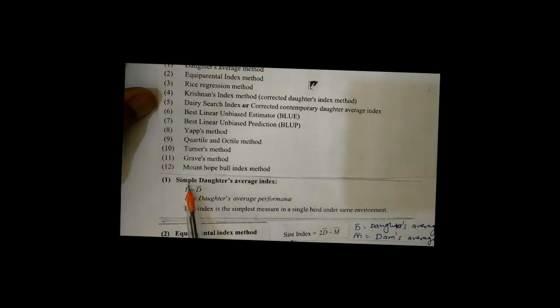The name itself indicates simple daughter's average. So the index value, that is the breeding value of that SAR, is equal to simply the average of the daughters' performance. Suppose bull number A has 10 daughters under the test. Whatever the average value of those 10 daughters, that is the index value of that SAR.